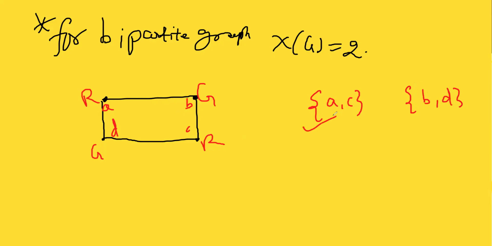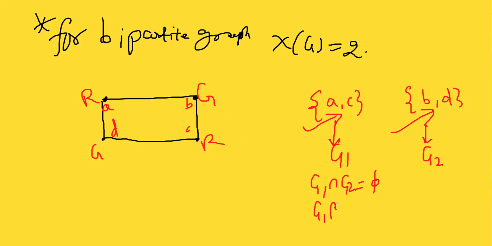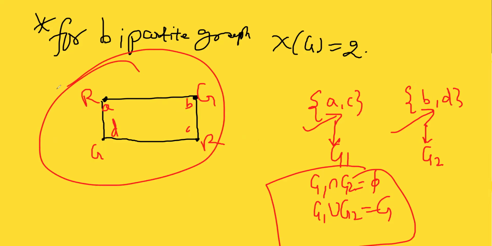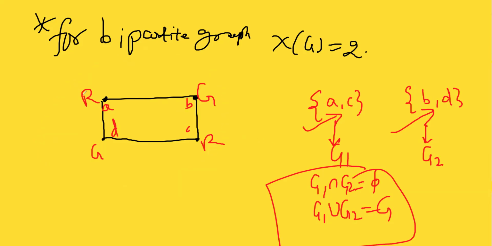So taken together with sets which shows same number same colors. So this is first set of graph. This is second set of graph such that their intersection is phi and their union is G.